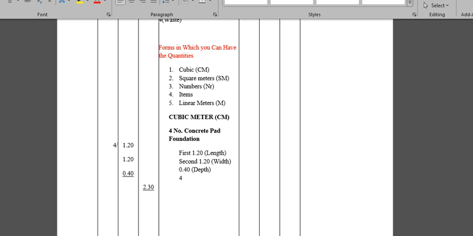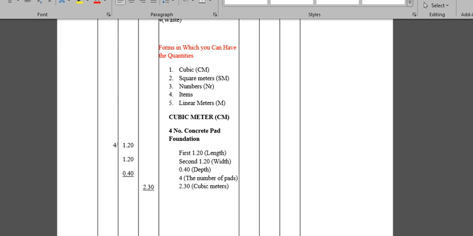Okay, in that order, and then the 4 is now the number. Those are the number of pads that we have. Then the 2.30 is now the cubic meters.